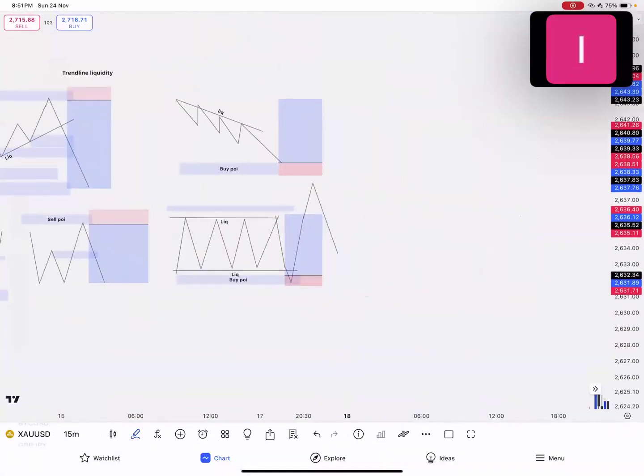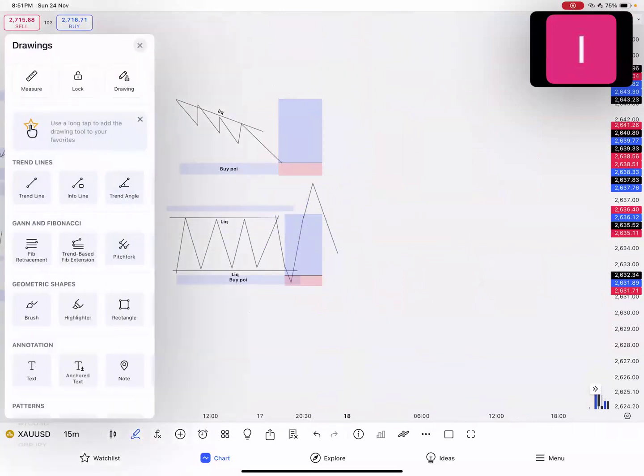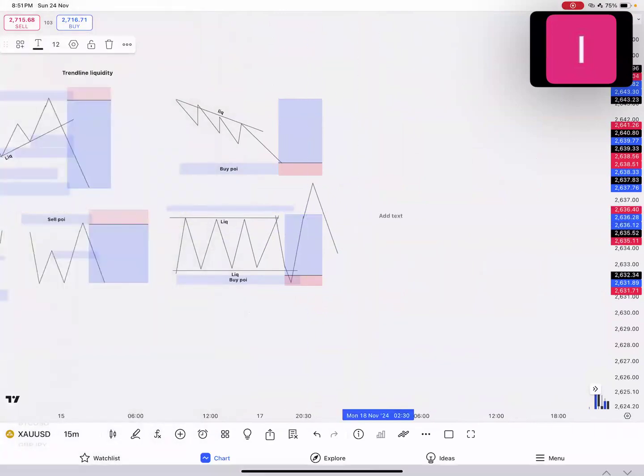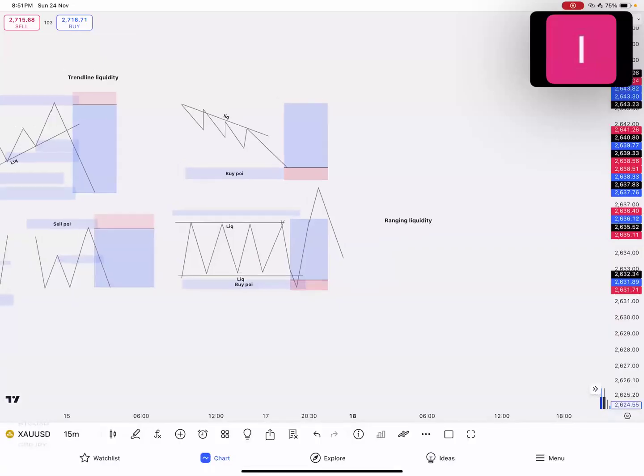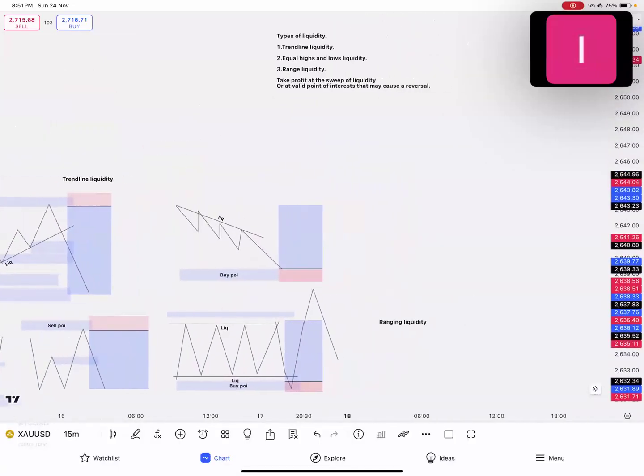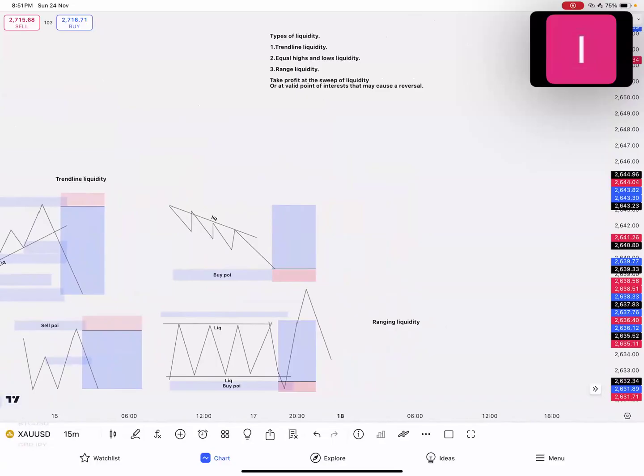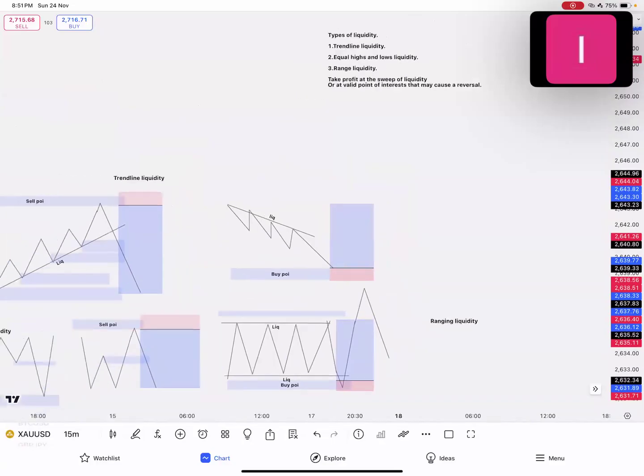Then we have your ranging liquidity. So these are the types of liquidity. We have the trend line liquidity, equal highs and lows liquidity, range liquidity. These are the types of liquidity that we have.